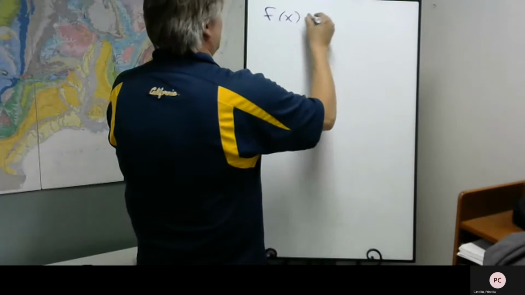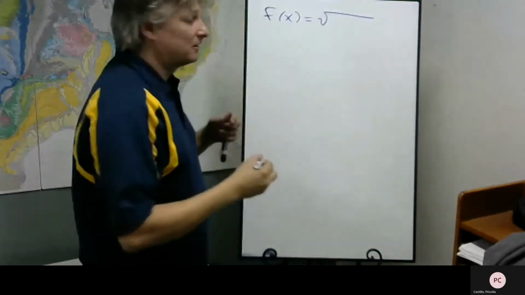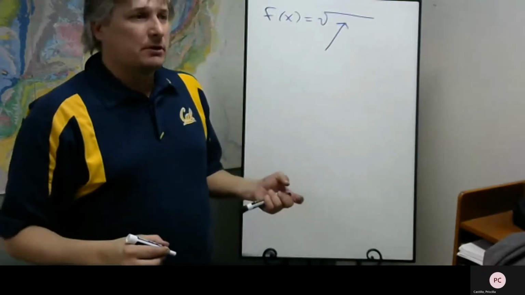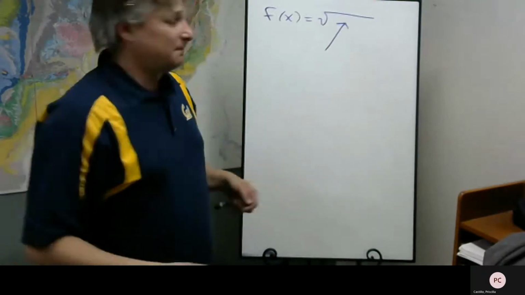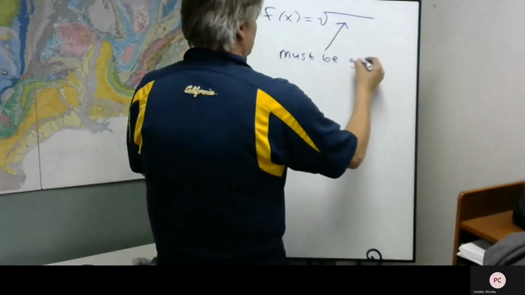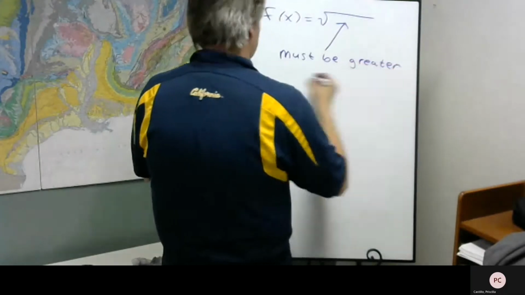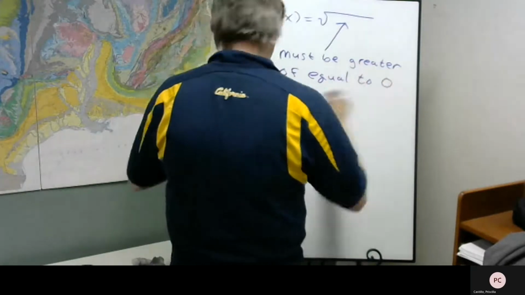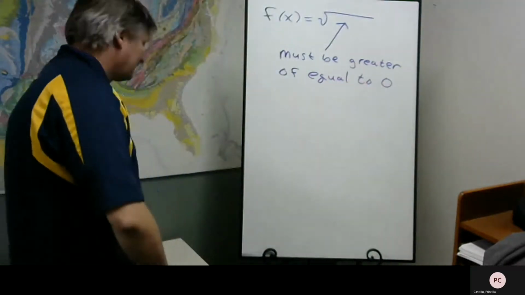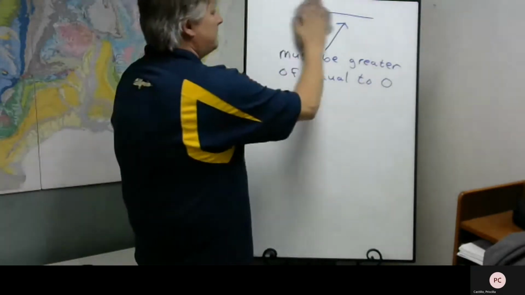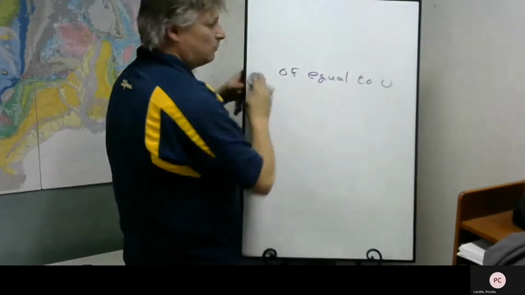For f of x equals the square root of anything, what's inside the square root must be greater or equal to 0. So when we talk about the domain, we want to make sure that whatever's on the inside is greater or equal to 0.